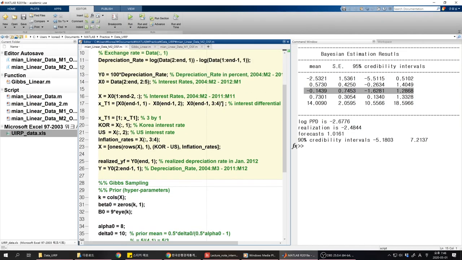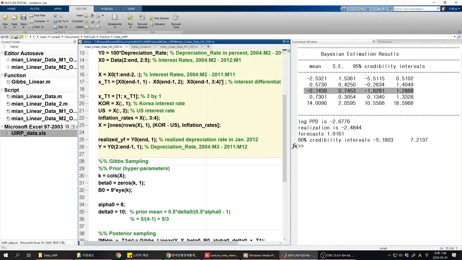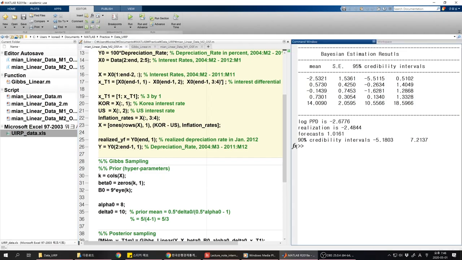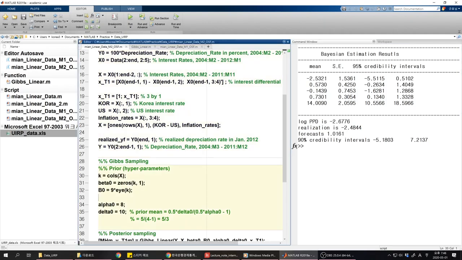Yeah. And another way is to change your prior, right? So this one, first, second, third one. Removing the third regressor means the coefficient on the third regressor is 0, right? So I'm going to put a very strong prior for the third regressor, B0. Third means 3,3. 3,3 is 0.0000001.